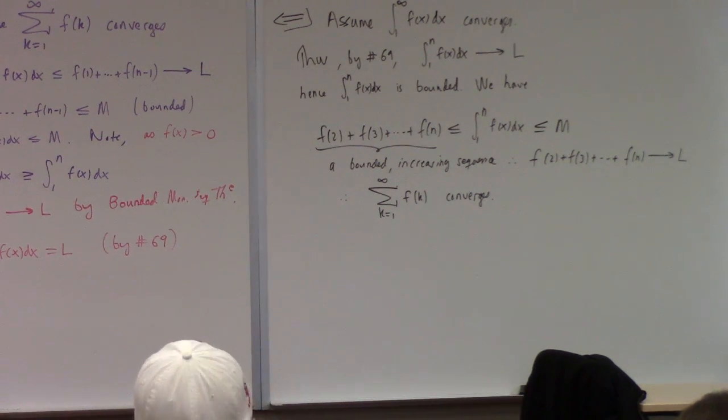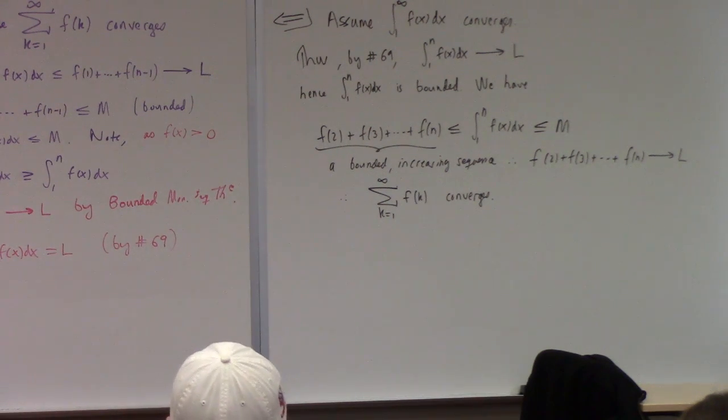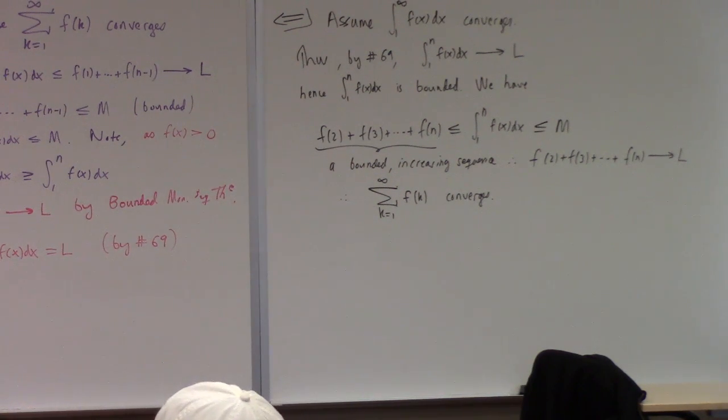And, well, I guess I could go through two more arguments to show you that divergence gets paired with divergence, but I think I'll spare you those. I'll walk you through it intuitively. What would happen if the integral diverged? What would that mean? If the integral diverges, then this sequence also diverges.